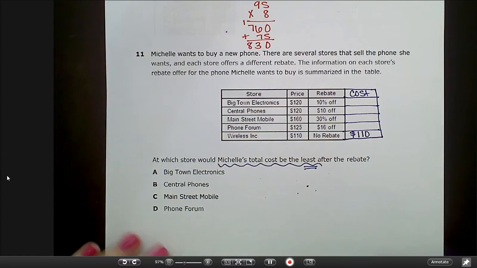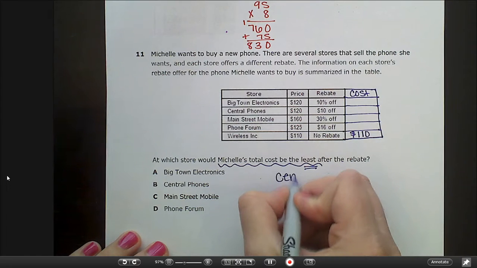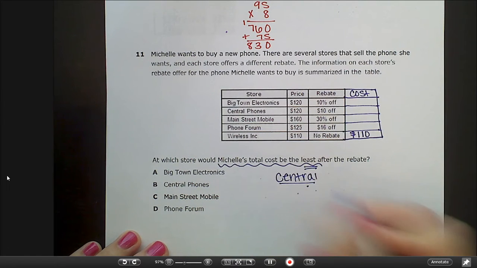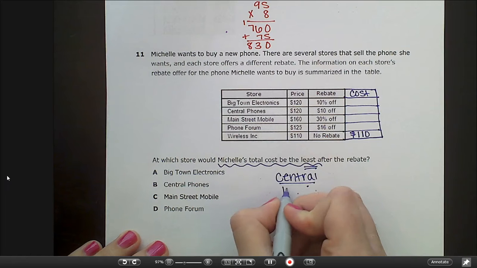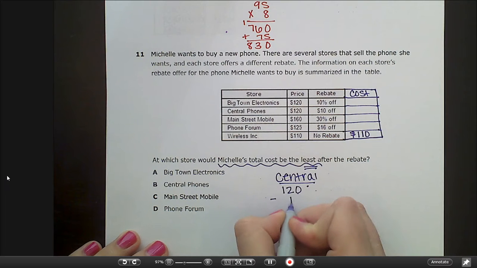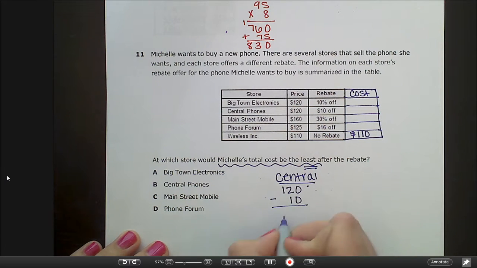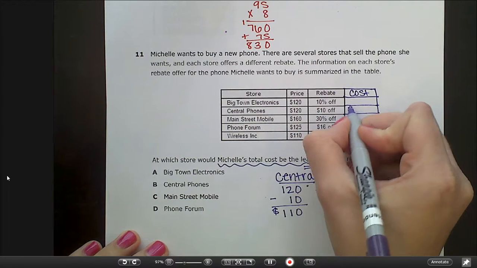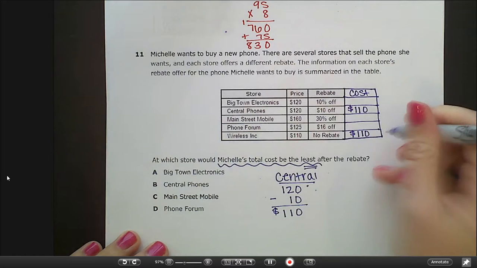Then let's look at central phones. $120 minus $10 off gives me $110 as my total cost. It looks like those two are tied right now.